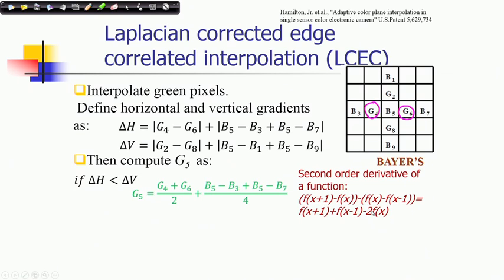You can see that this estimate is refined by this second order derivative, or we call it the Laplacian value, which is estimated from the blue channel, because it is the other channel which is available, and it is subtracted from the value of (G4 plus G6) by 2.